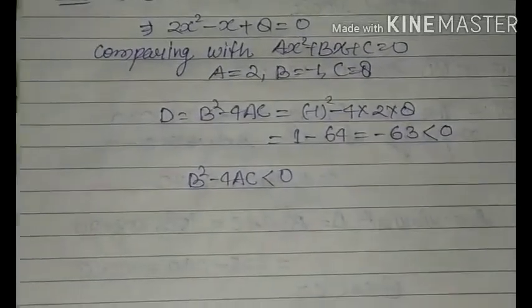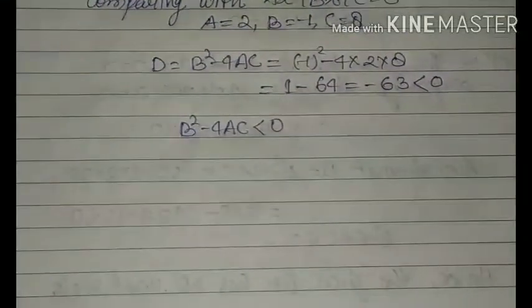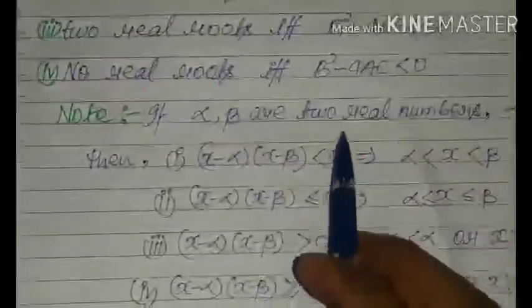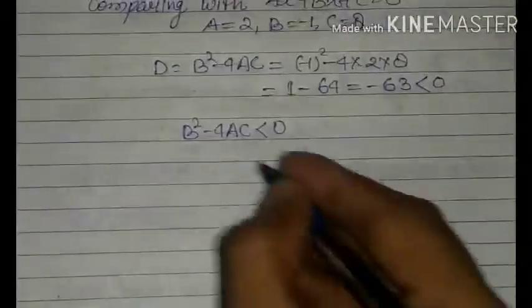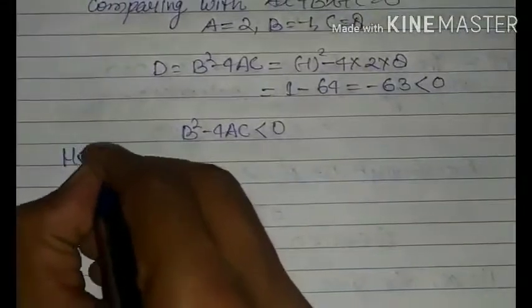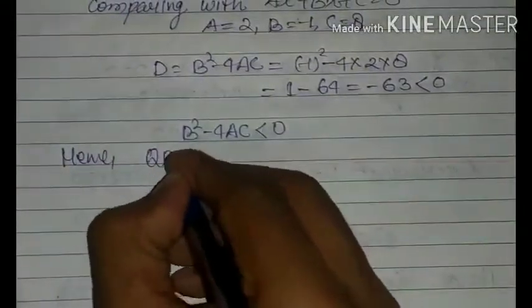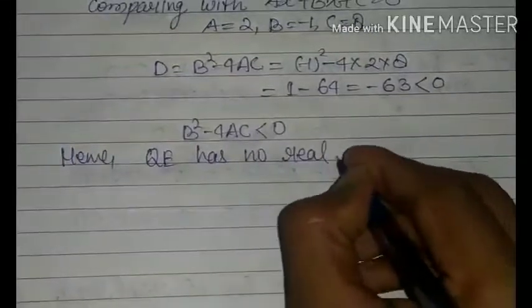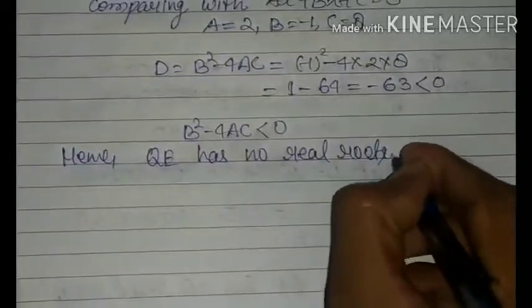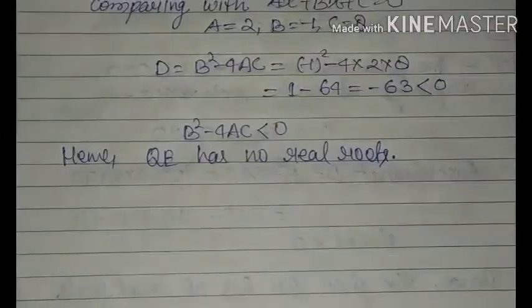It means by the given conditions, if b² - 4ac is less than 0, then the quadratic equation has no real roots. Then we can write here: hence the quadratic equation has no real roots. Okay, this is our answer.